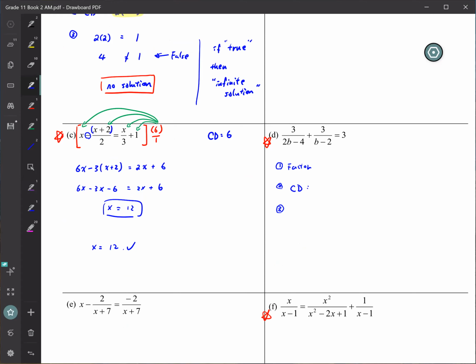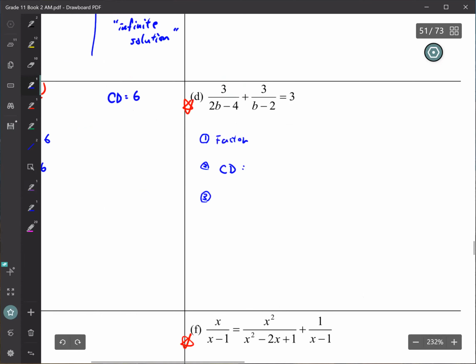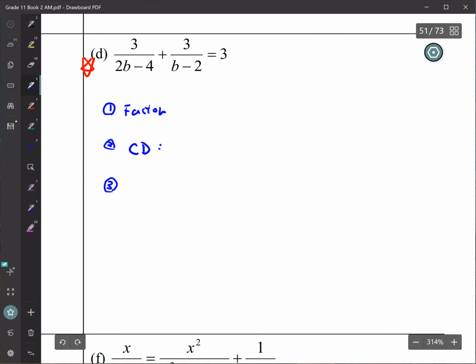Well, pretty quick this time. Okay, we already have 4 people found the answer. Okay, the part that you can factor is the 2b minus 4, right? So you can take GCF out.